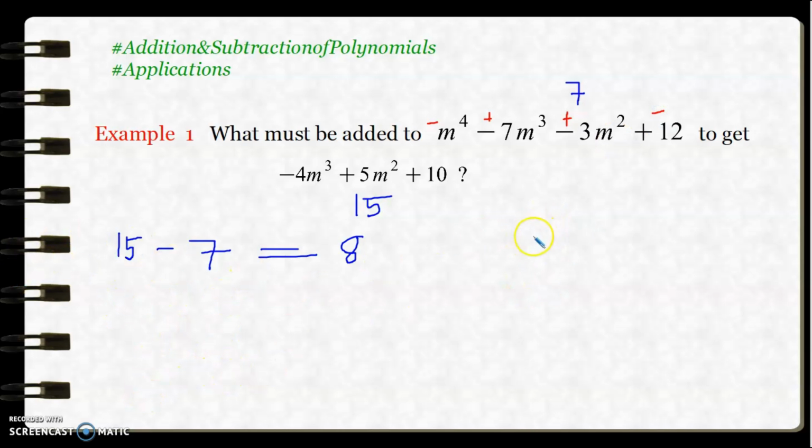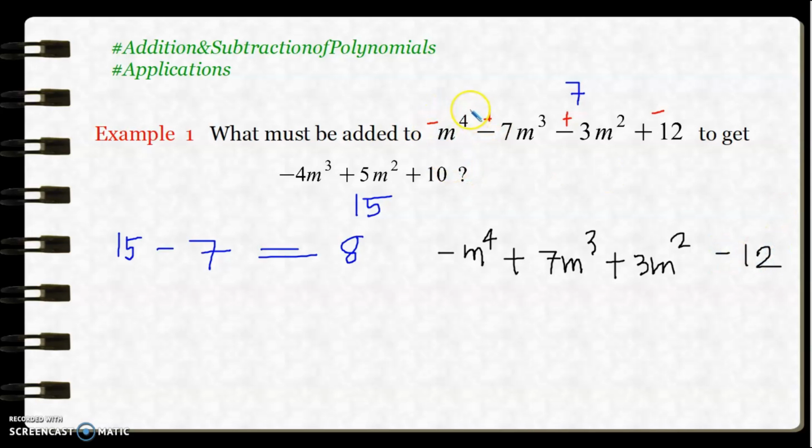So we have negative m to the fourth plus 7m cubed plus 3m squared minus 12.